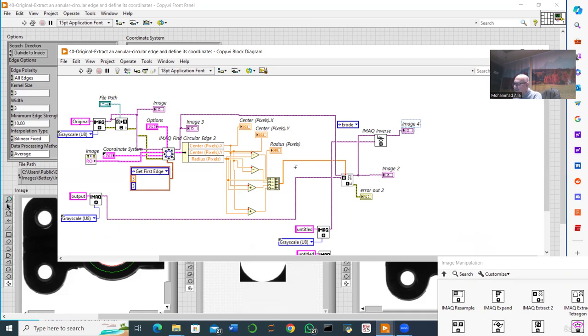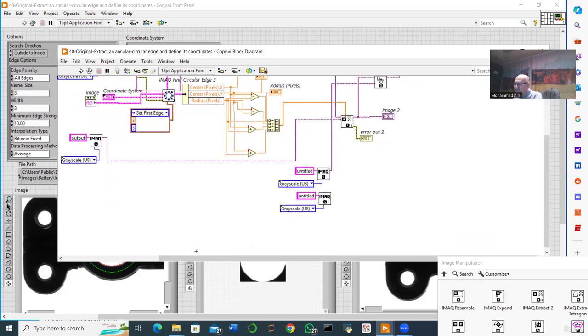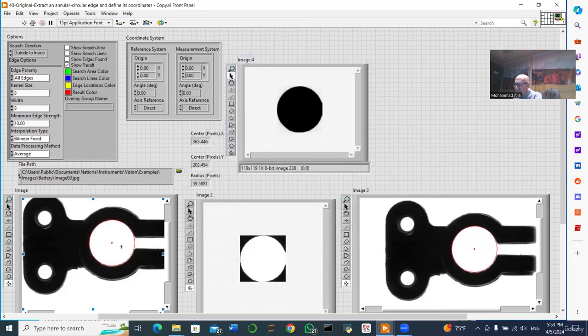So we can read the values of the parameters of the circle, as well as we have the circle alone as a template. Remember also the value of the radius is 59.6 pixels, which is equal to the numbers which we have got before through other examples. There is no difference between the results.